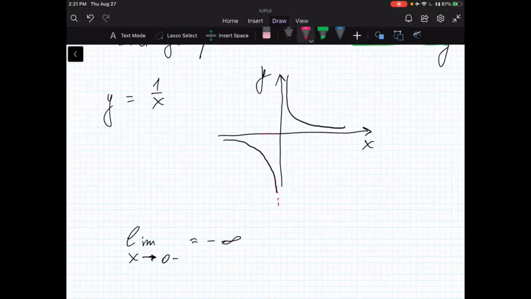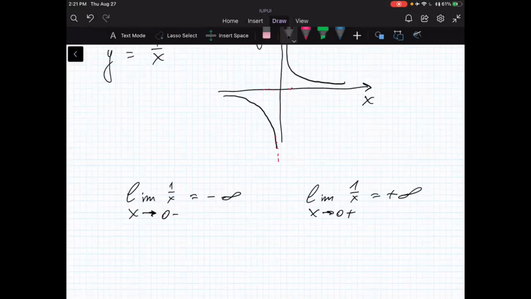While if I'm approaching 0 from the right, I'm somewhere here, and my value of the function is becoming larger and larger, so it will be plus infinity. So we see that now the gap is infinite.